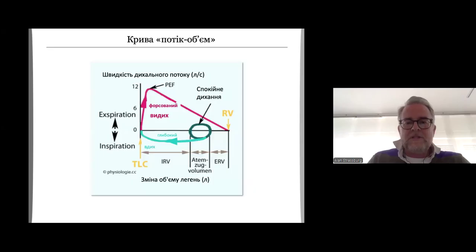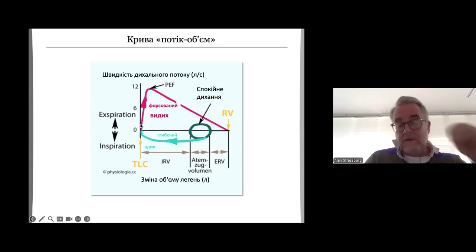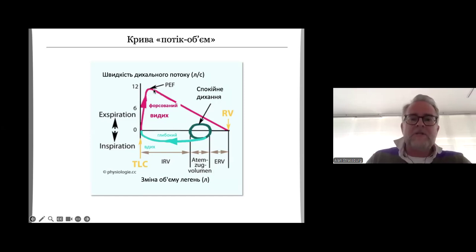Graphically, the lung function test is then printed out in a flow volume curve. In the flow volume curve, you see the expiration phase divided from the inspiration phase. The purple line is the expiration phase up to the peak expiration flow, the so-called PEF.